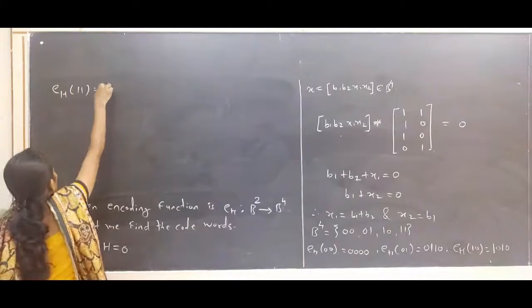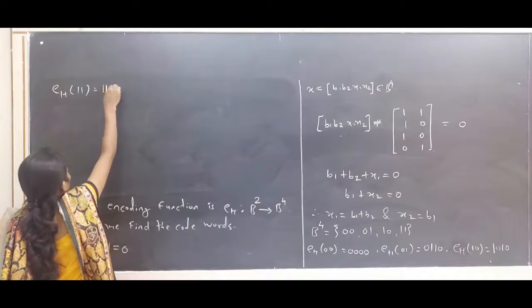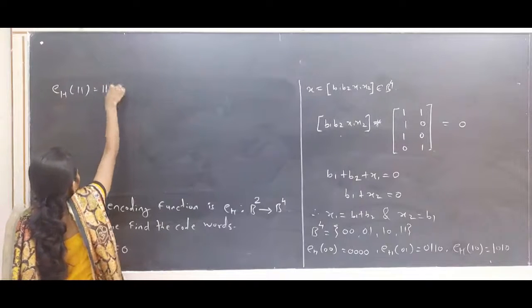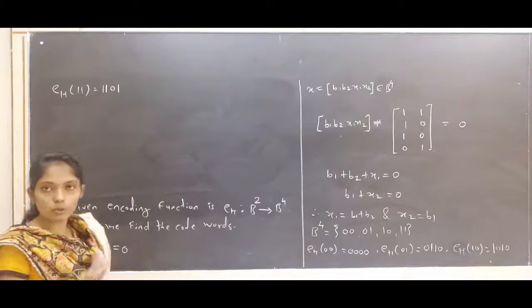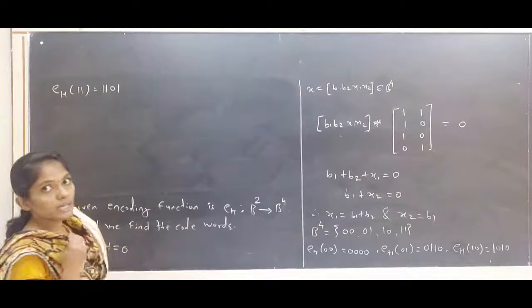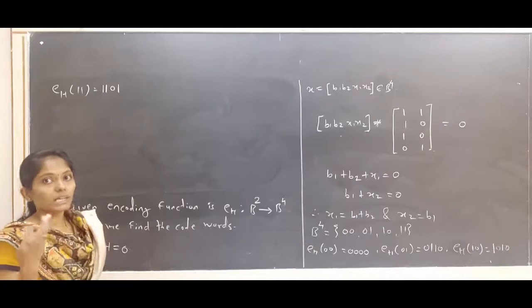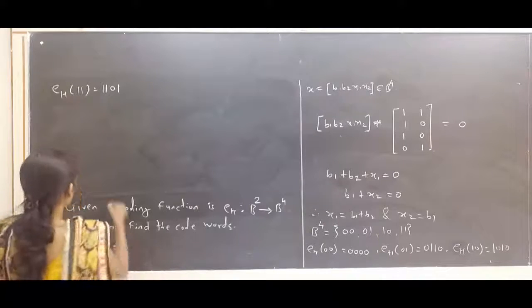So b1 is 1, b2 is 1, b1 plus b2 is 1 plus 1, which is 0, and b1 is 1. So here we get the code words E_H of (0, 0) to E_H of (1, 1).